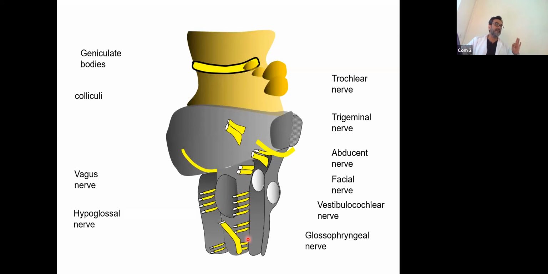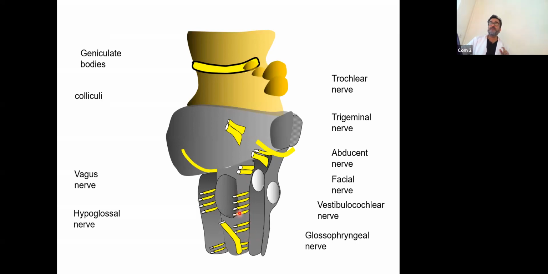The 9th is the glossopharyngeal, which supplies the sensory supply to the posterior one-third of the tongue, and it is also responsible for the sensory supply to the pharynx, and it supplies one muscle in the pharynx, which is stylopharyngeus. Parasympathetically, it is going to supply the parotid gland.